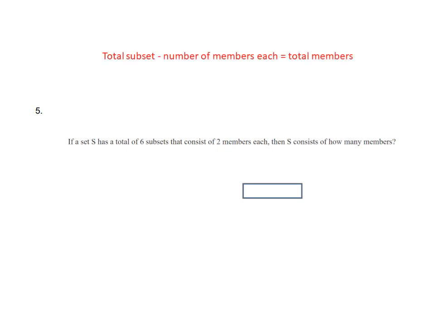How can I find it? Total subsets minus the number of members in each subset equals total members. So the subset number is 6 and each subset has 2 members. So 6 minus 2 equals 4. That is the total number of members that S consists of.